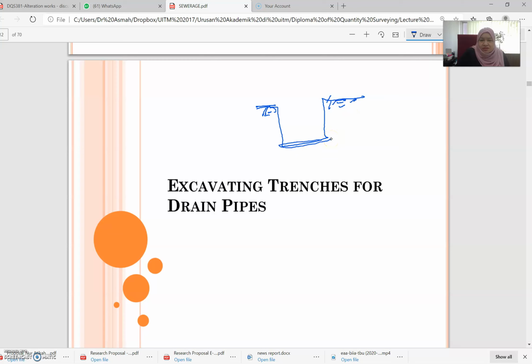So this is your excavation, and you're going to put some pipes here. This is what we call drain pipes. So this is a drain, and this is a pipe, and this is to hold your pipes.